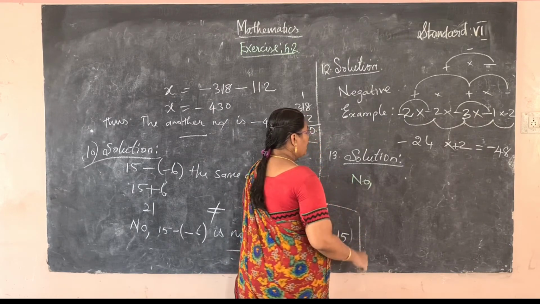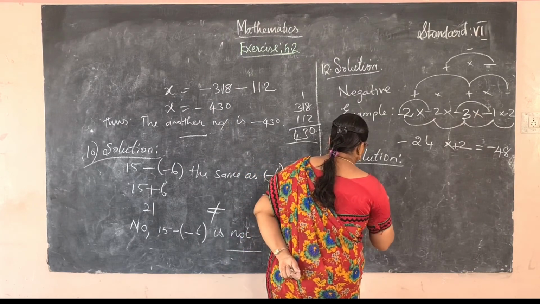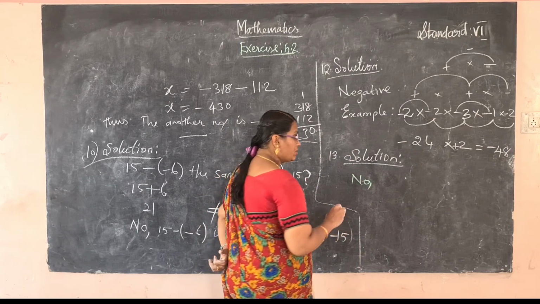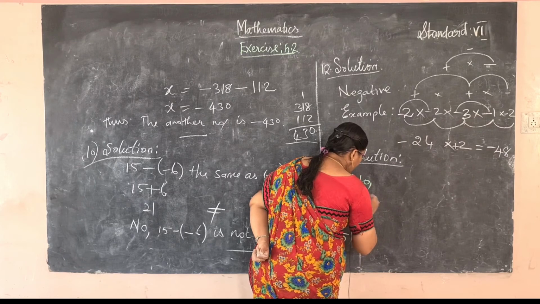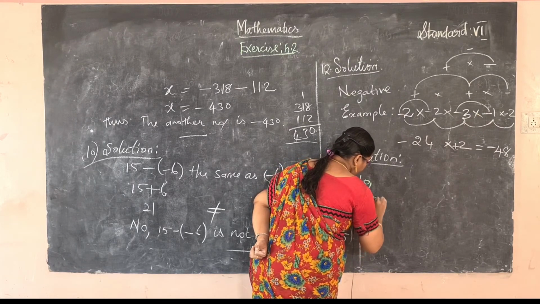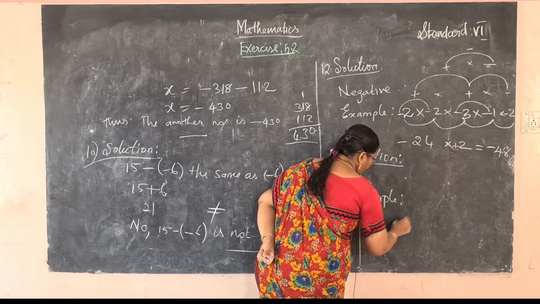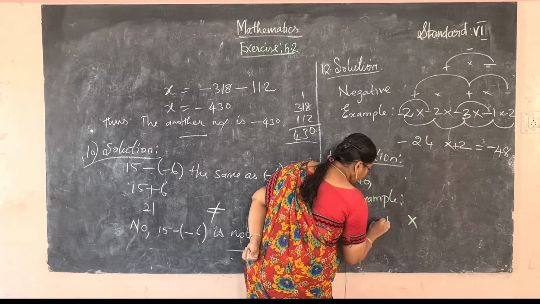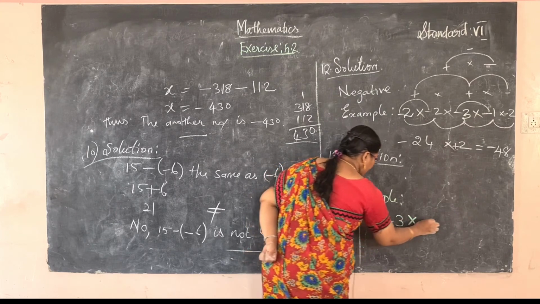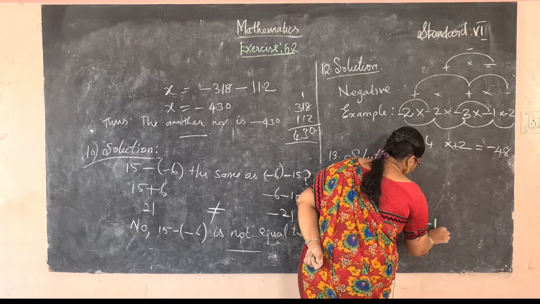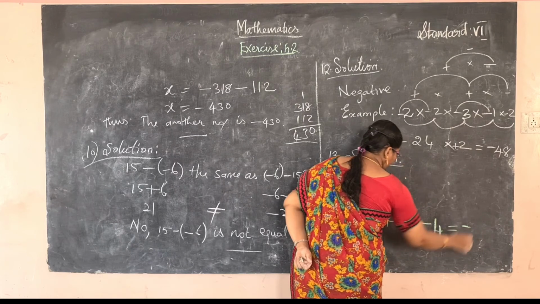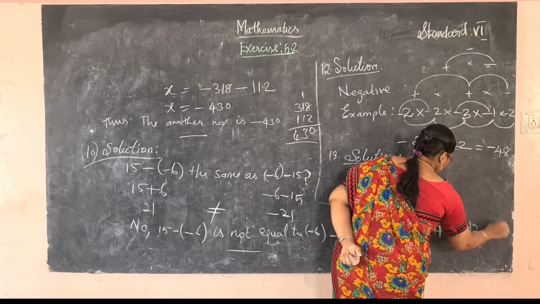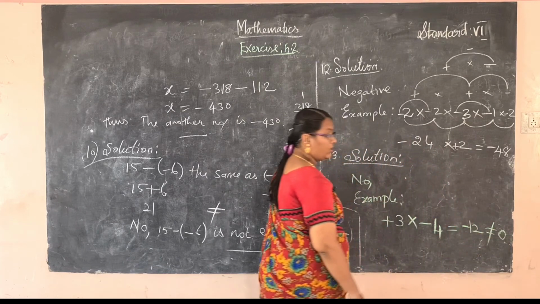Example: the product of a positive integer, for example 3, and a negative integer, 4, we get the negative value. 3 4s are 12, not 0.